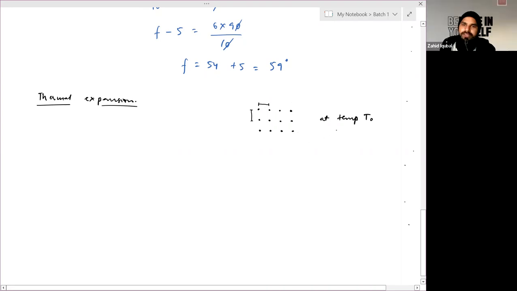Let's say on increasing temperature, thermal kinetic energy of particle will get increased, and due to which there will be decrease in strength of their bond. So particle will tend to go far apart from each other. So separation between particle will get increased like this.